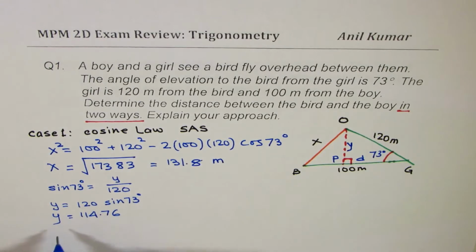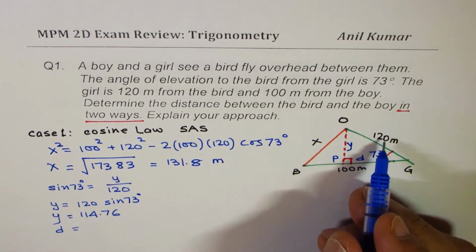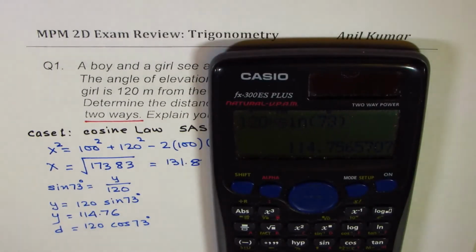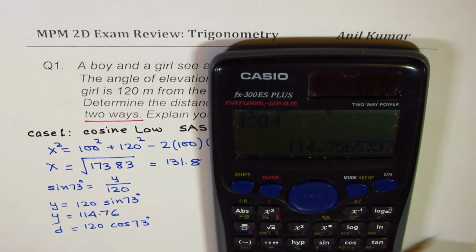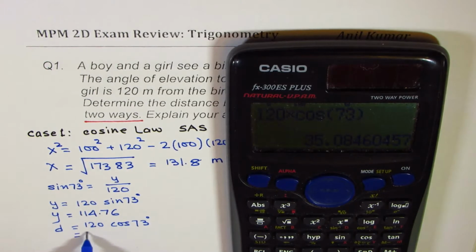So I can write D, which is P to G, as 120 times cos of 73 degrees. Perfect. So let's do this. 120 times cos of 73 degrees is equal to 35.08. So I'll just call it 35.1.